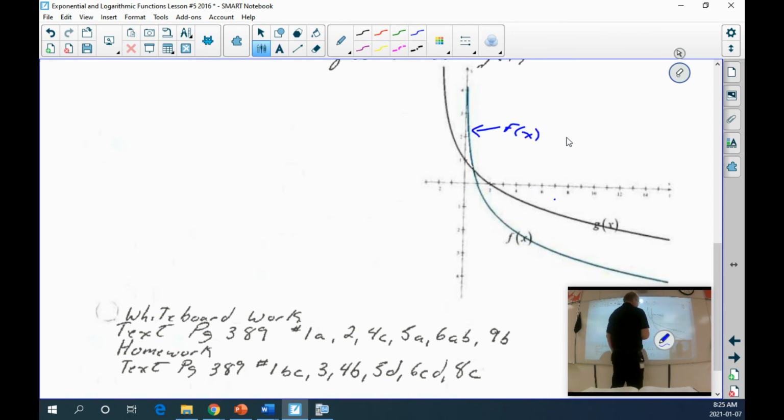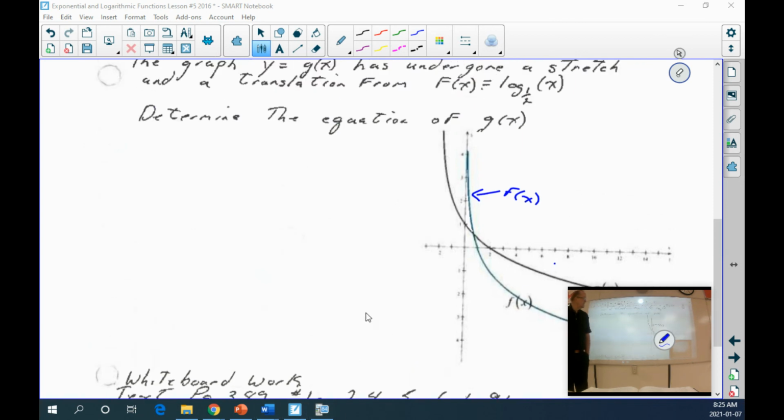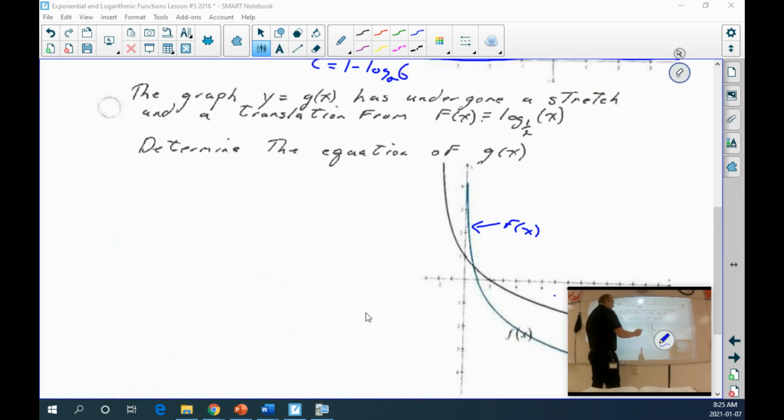I know it is because it has a vertical asymptote of the y-axis. So what I've got here is at least a move, okay? Because my vertical asymptote has gone that direction.